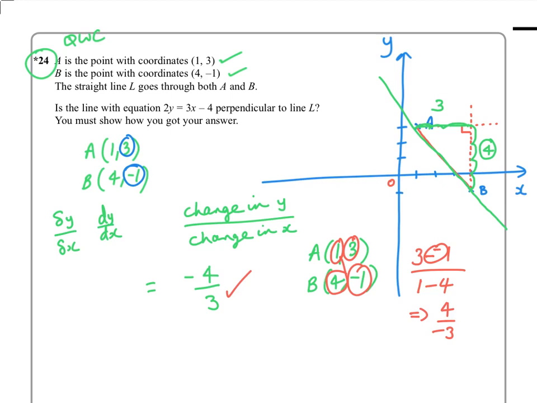If you don't like that, then you can write the coordinates out and do it this way, -1 minus 3 divided by 4 minus 1, and that will give you -4 over 3, which again is -4/3.